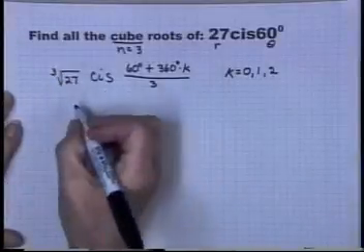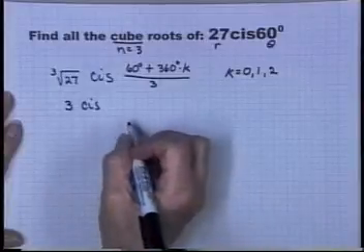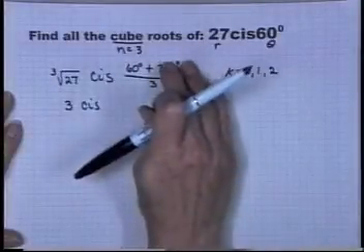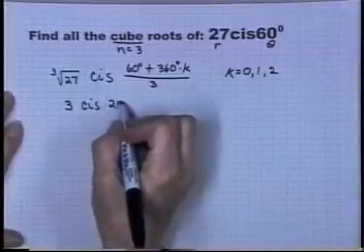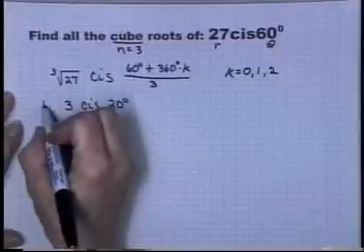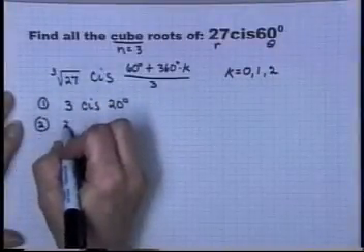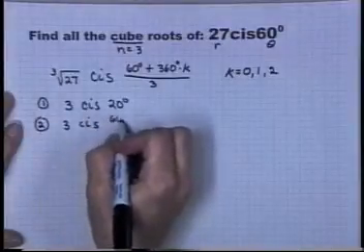Now we know the cube root of 27 is 3, so let's write that down, 3 cis. Okay, let's start here. If k is 0, then I just have 60 divided by 3, which is 20 degrees. That gives me my first cube root. Okay, for my second cube root, I'm going to take 60.